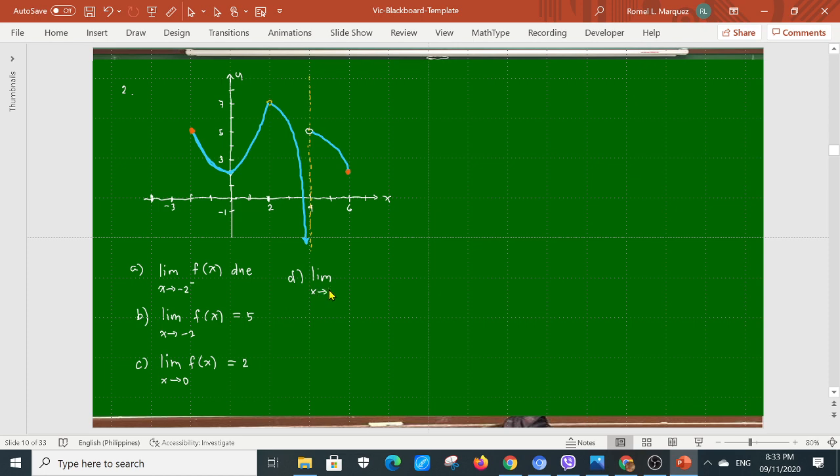Limit as x approaches, let's say 2, of f of x from the left, what is the limit, children? 7. Letter B, negative 2 from the right equals 5. Positive 2 from the left, 7. What is the limit from the right, I mean, of 2?